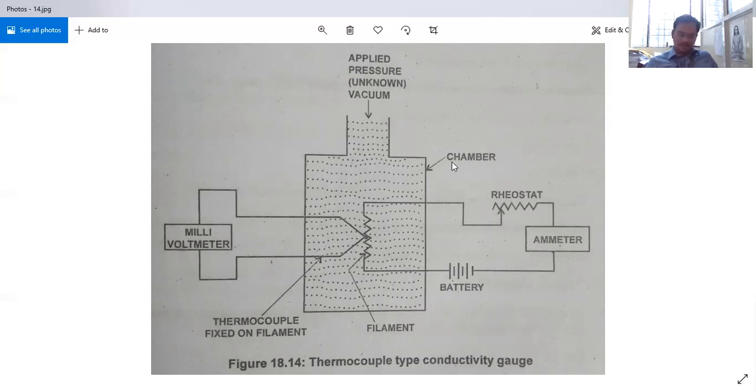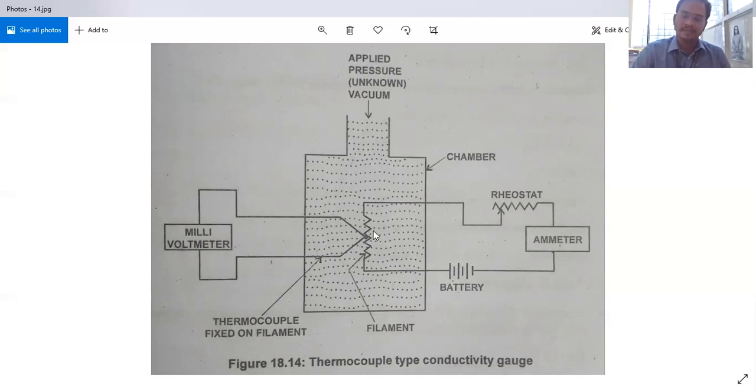For that purpose we require a proper insulation chamber, because the heat dissipation should take place only to the fluid, not to the chamber. This chamber should not be a thermal conductor, because if it is a good thermal conductor, the heat will be given to this material and there might be losses or errors.